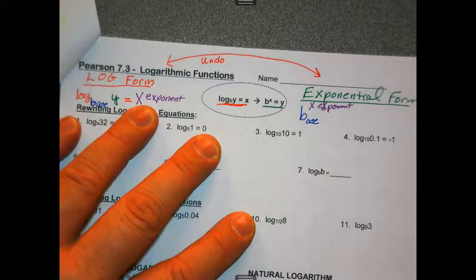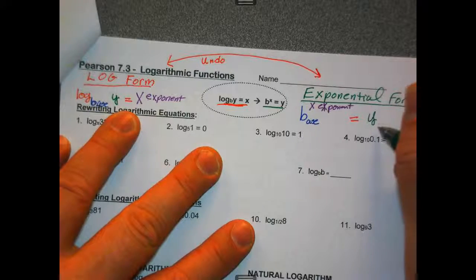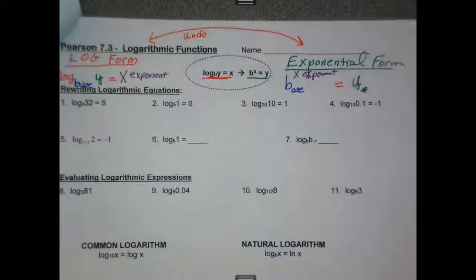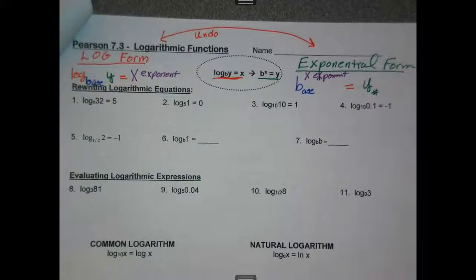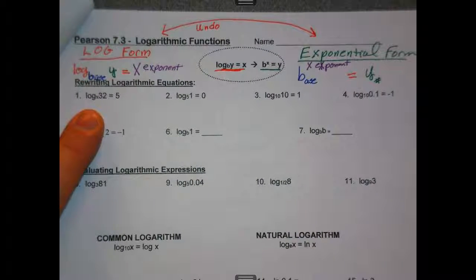That's going to equal our y, which is our number. Okay, it's just a number. Solution. Okay, so we're going to go back and forth right now. If these are in log form, we're going to put them in exponential form.